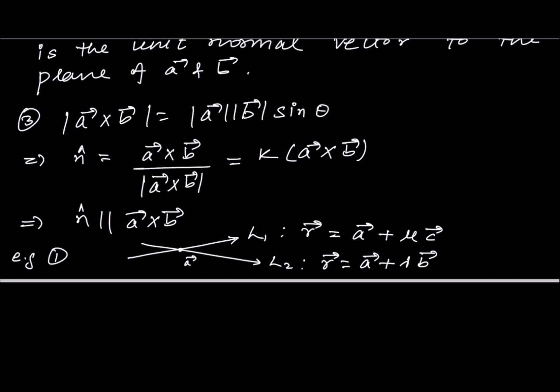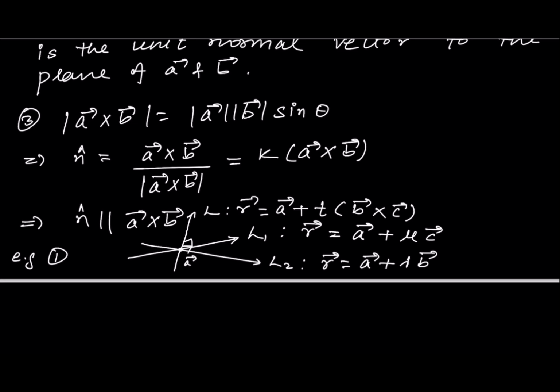Now if I want the equation of the line passing through the intersection of L1 and L2 and also perpendicular to L1 and L2 both, I can write it as R vector is equal to A vector plus some T times B cross C vector, right?